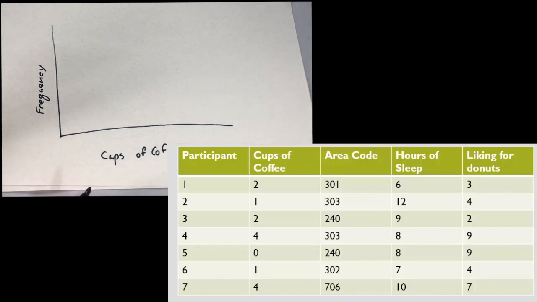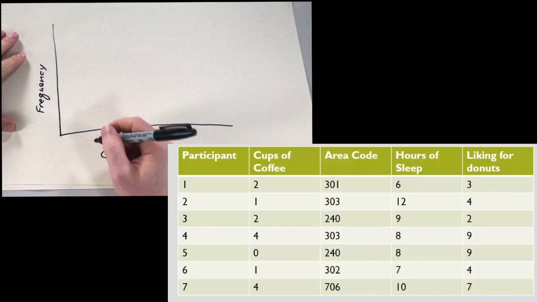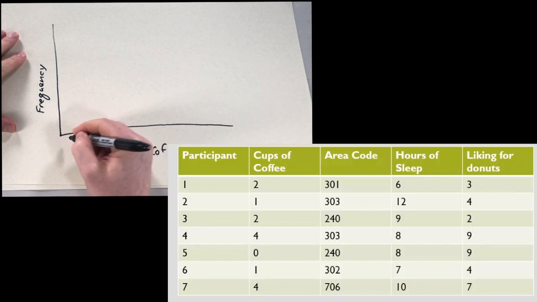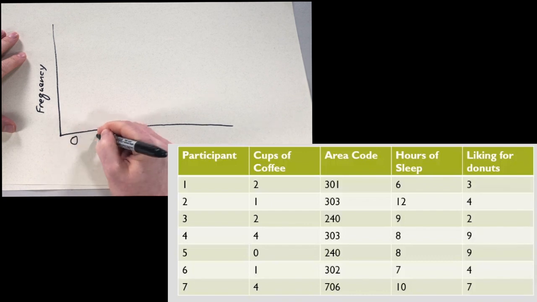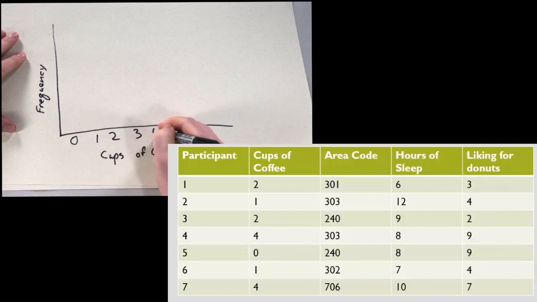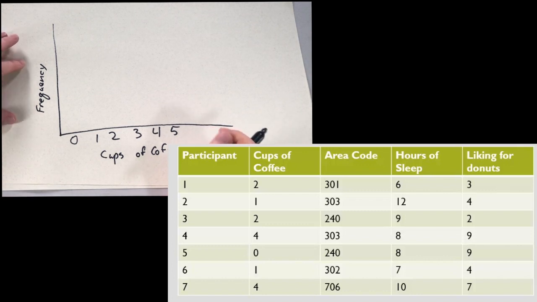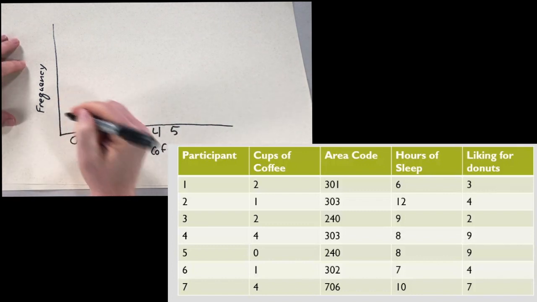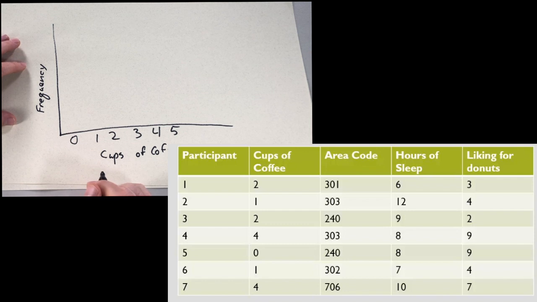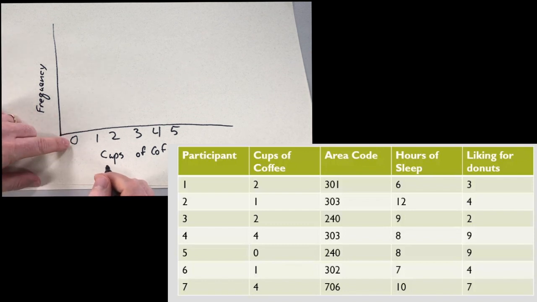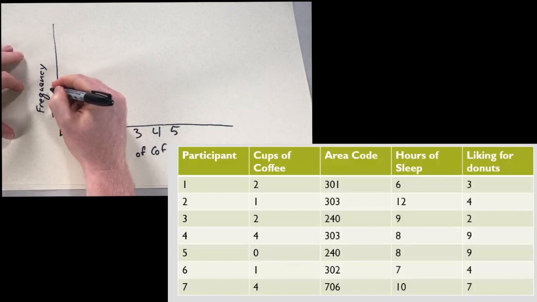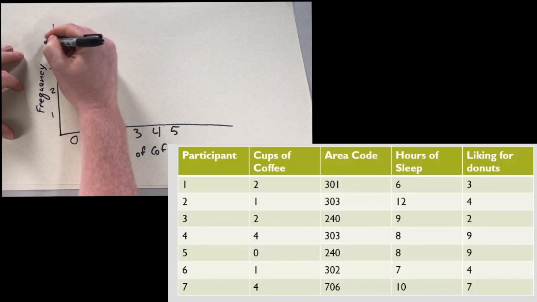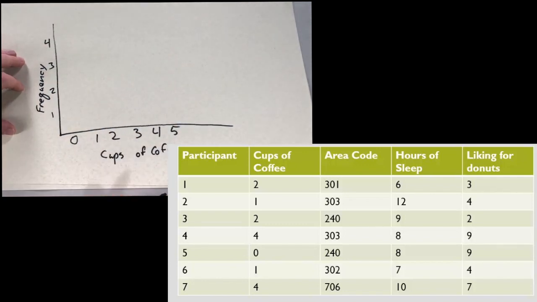So it's important that we keep this in order. We have 0, 1, 2, 3, 4, 5. You can go farther if you want, but that's what we're going to do. Frequency means how many times it occurs. So 0 is down here, so this is going to be 1, 2, 3, 4, like that.